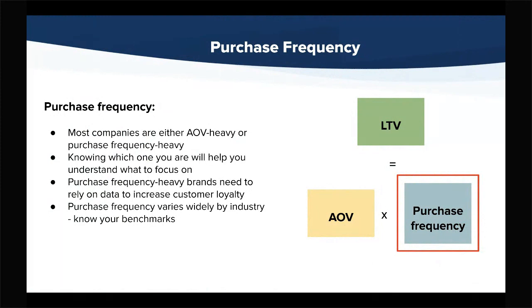AOV heavy means you probably spend a lot of time in the pre-sale, and when your customers do buy, it's a very large amount. It's a big order. It's either a high cost product or just a ton of things in one order. But your customers aren't typically buying again and again. You can think of online mattress sales, things like that.